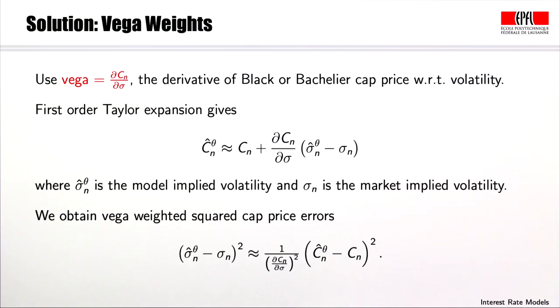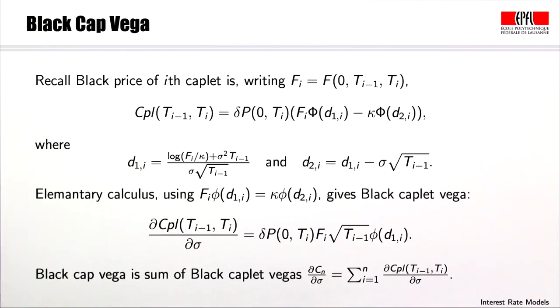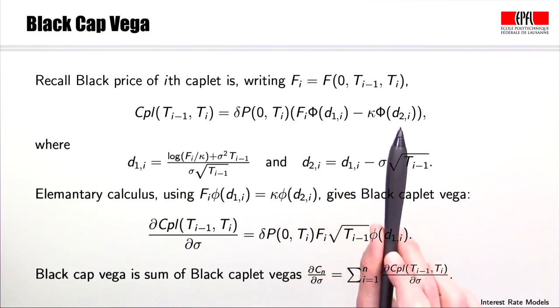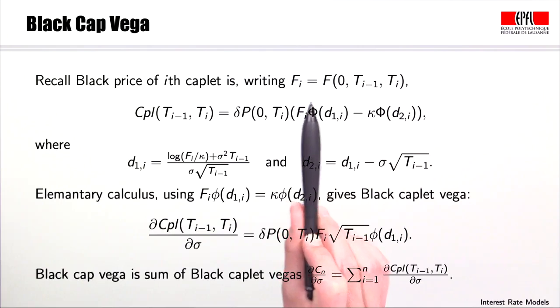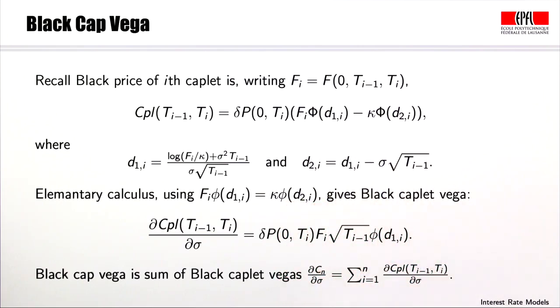Now the good news is that there exists a closed form expression for the vega in the Black and the Bachelier model. Recall that the Black price of the ith caplet is given as shown here, where capital phi denotes the standard normal cumulative distribution function and the parameters d1 and d2 are given as shown here, and we write fi short for the forward rate as shown there.